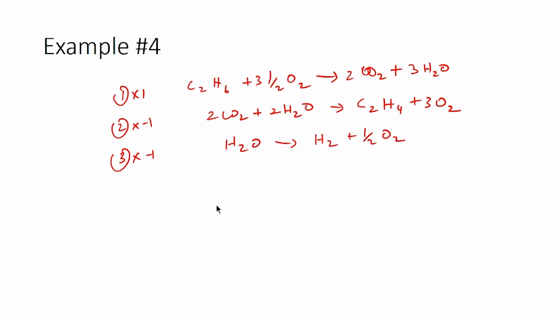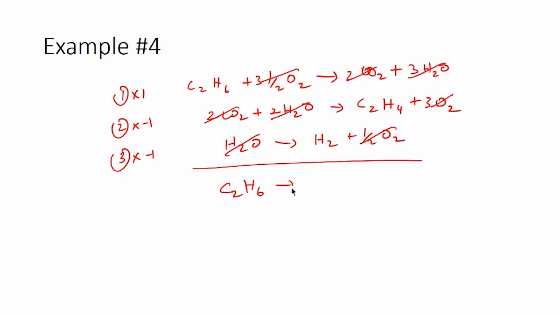Now when we add these equations, the 3.5 oxygens on the reactant side get cancelled with the 3.5 oxygens on the product side, carbon dioxide gets cancelled, water gets cancelled, leaving C2H6 gives C2H4 plus H2.